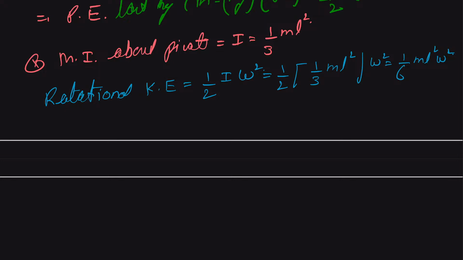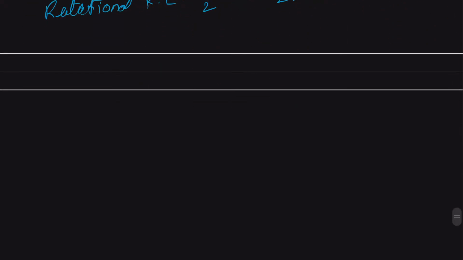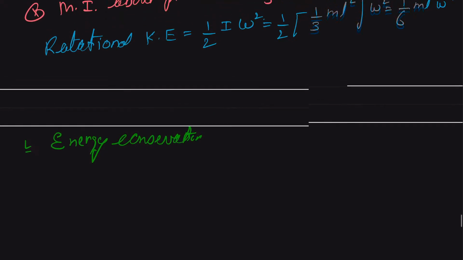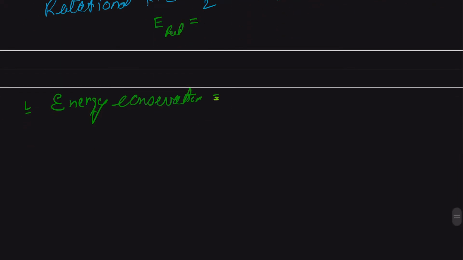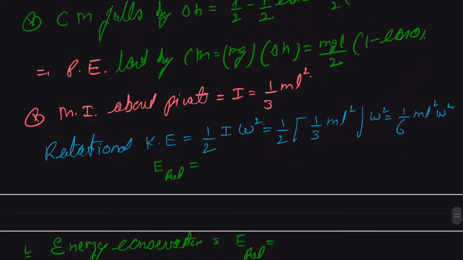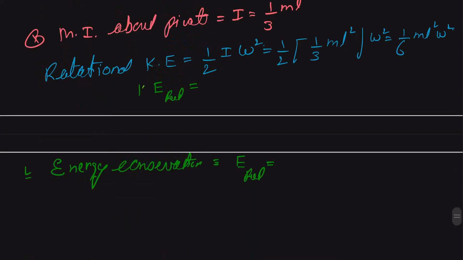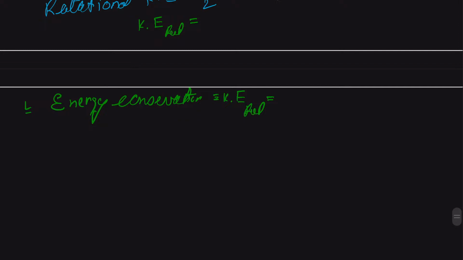and now our energy conservation. We can write this rotational kinetic energy, let us call this E rot, equal to the lost potential energy, let us call this delta PE.